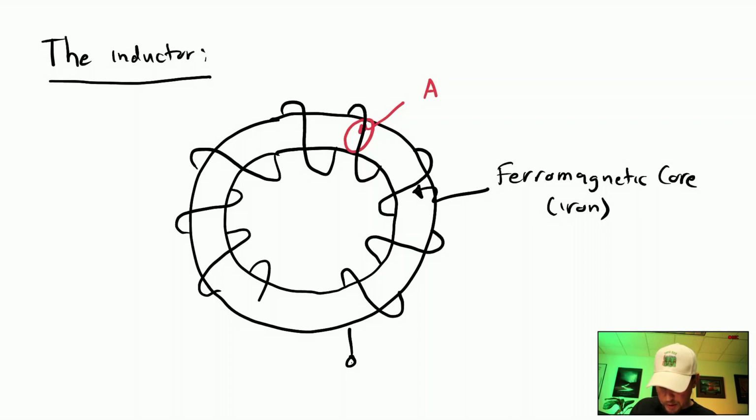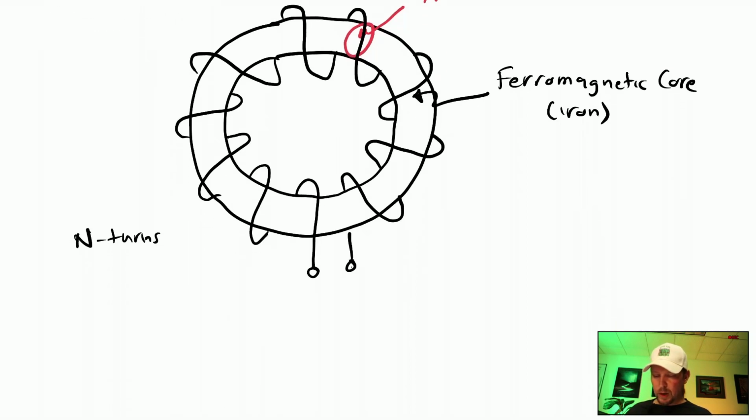And I'm going to keep on wrapping it until I've wrapped it all the way around. Right? And there's a certain number of turns as we move around. So this is going to have a total of M turns.